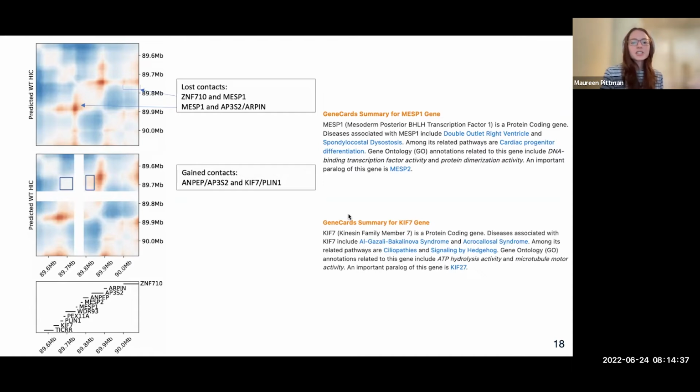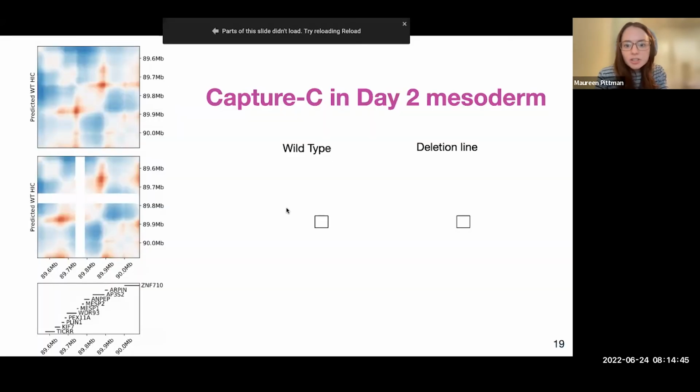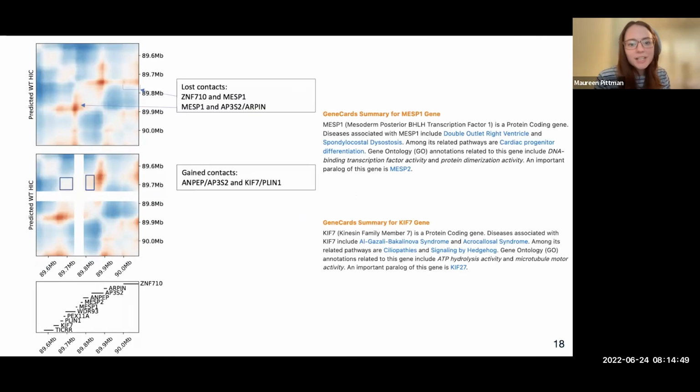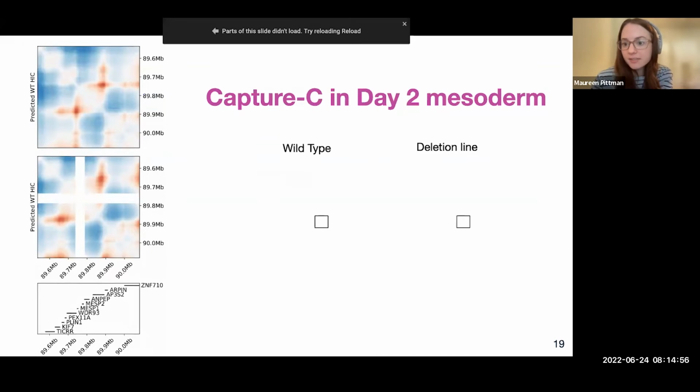So we're interested to see how changes in this locus might lead to heart defects, and which genes could be misregulated as a result.